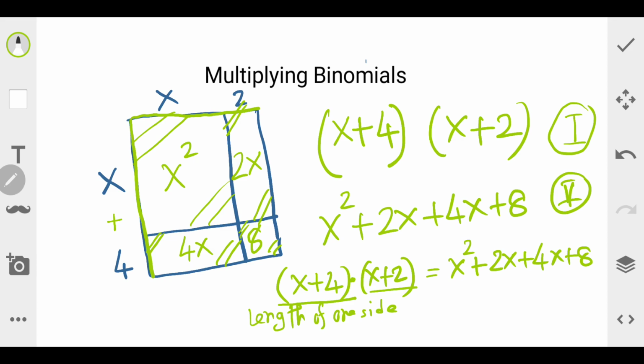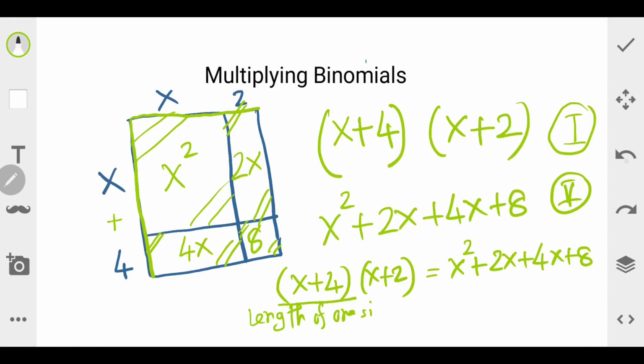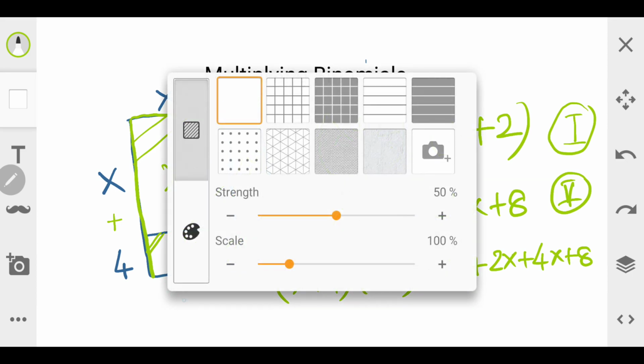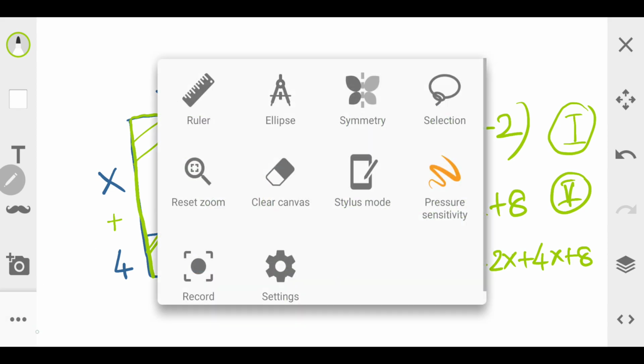Okay, and that's how we are getting the total area. So let's look at some more details. Let's clear the canvas.